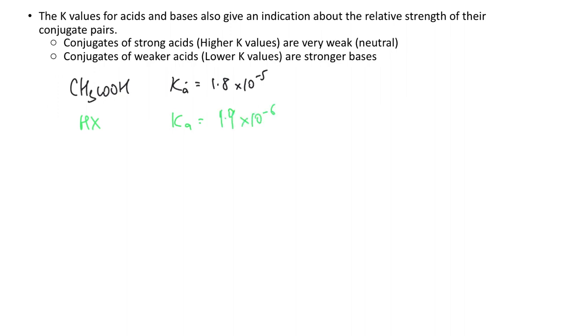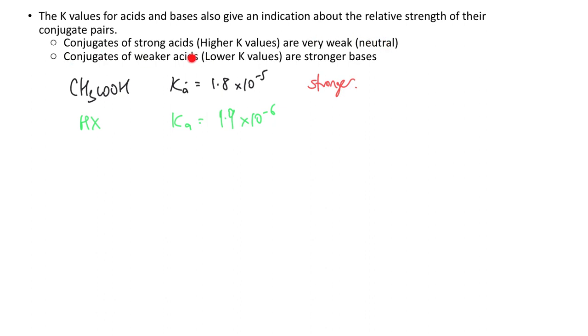So we know that ethanoic acid is the stronger acid. However, the conjugates of strong acids are actually very weak. Strong acids completely ionize, and their conjugates don't try to pull any hydrogens off the water, so they are very weak, close to neutral.